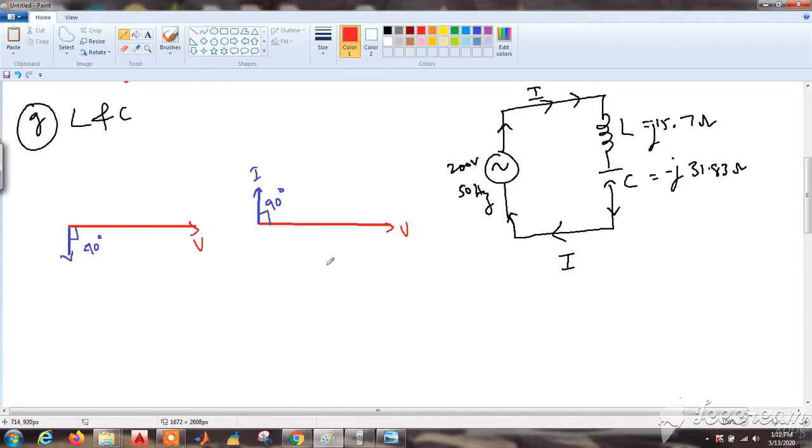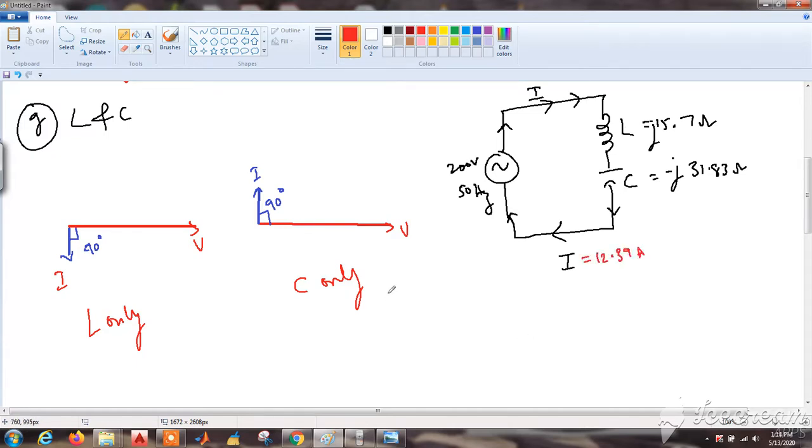We have seen in the L only case that the current lags the voltage by 90 degrees. When only C was present, the current was leading the voltage by 90 degrees. Now this is the special case where both L and C are present, but we see that the capacitive reactance is dominating more than the inductive reactance.